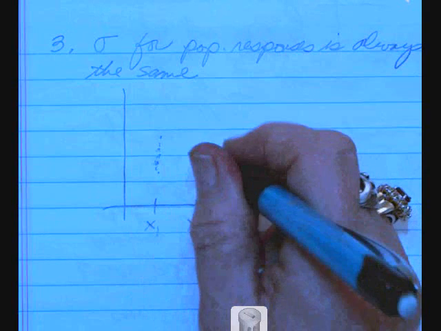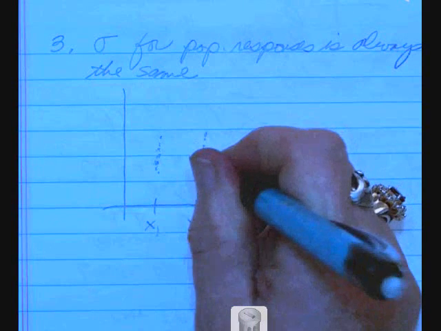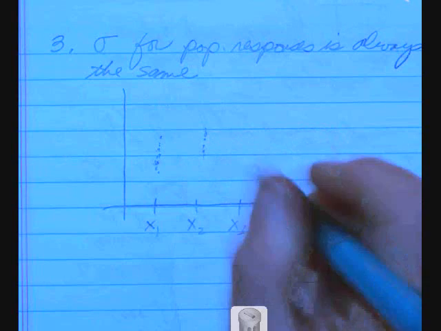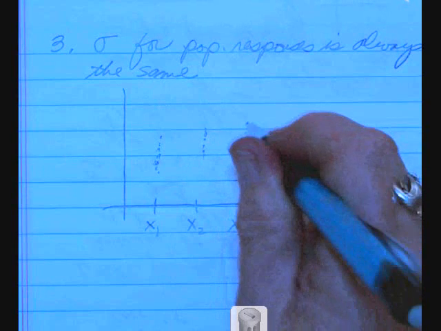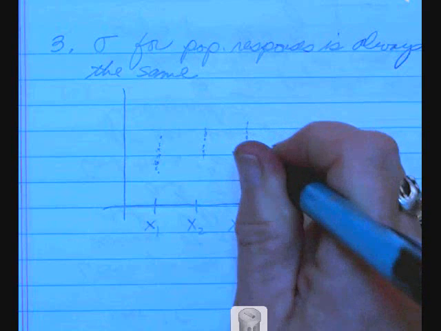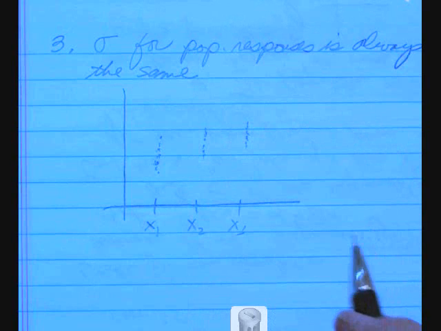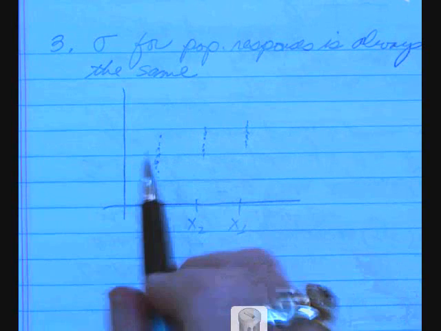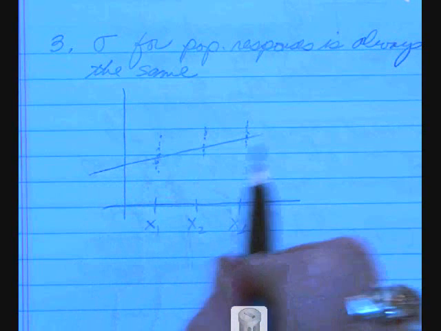There's a whole bunch of responses that could go with that input. That on average, put together, those will make my population, at least there's this regression line.